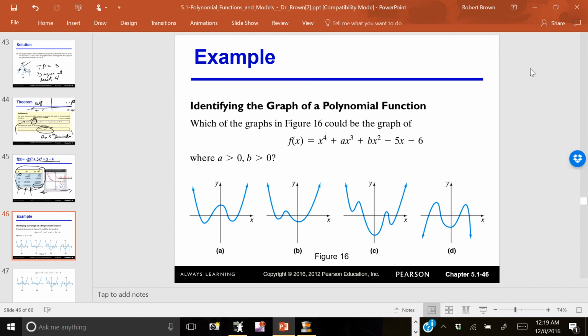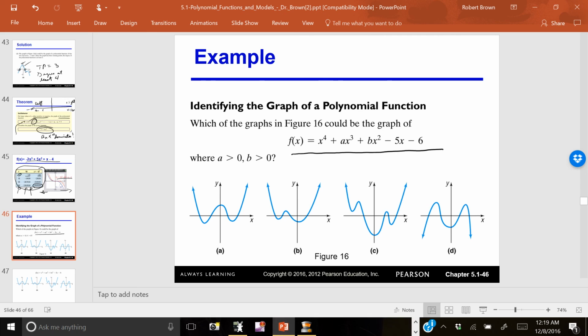Now, we're going to ask a question here. Which of the graphs in this figure could be a graph of f of x equals x to the fourth plus ax cubed plus bx squared minus 5x minus 6?